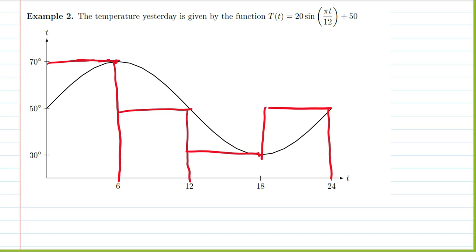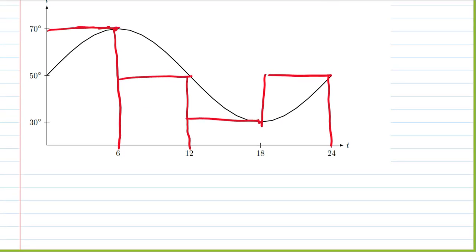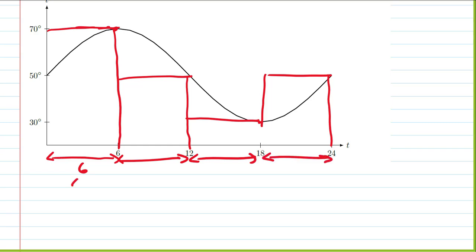At first glance, what would be the width of each of these rectangles right here? Well, from 0 to 6, 6 to 12, 12 to 18, and 18 to 24, each of these would be 6. So that's going to be our delta x in this case, 6.